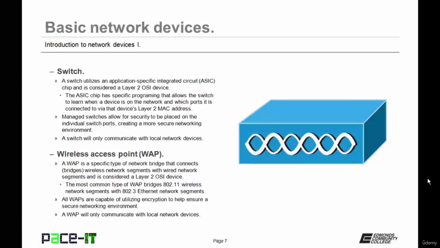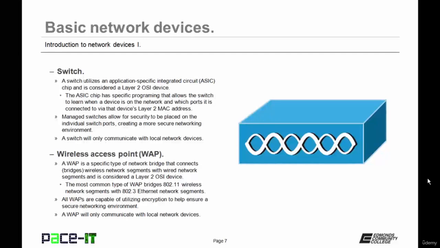Then there is the wireless access point, or the WAP. A WAP is a specific type of network bridge that connects or bridges a wireless network segment with a wired network segment. And it is also considered a Layer 2 OSI device. The most common type of WAP bridges an 802.11 wireless network with an 802.3 Ethernet network segment.